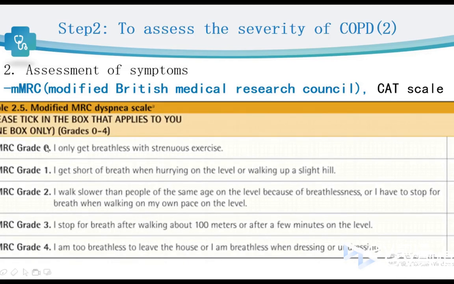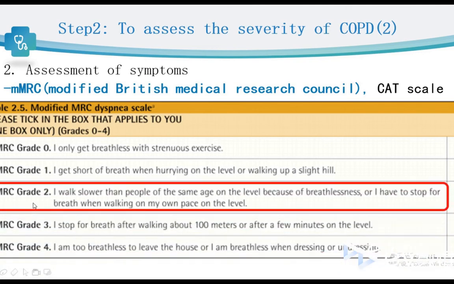The patients can be divided into 5 grades, MMRC grade 0 to 4, and it's complicated, but we just need to focus on grade 2. The patient walks slower than people of the same age on the level because of breathlessness, or has to stop for breath when walking at their own pace on the level.